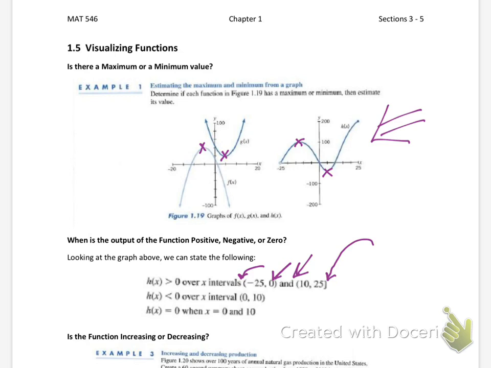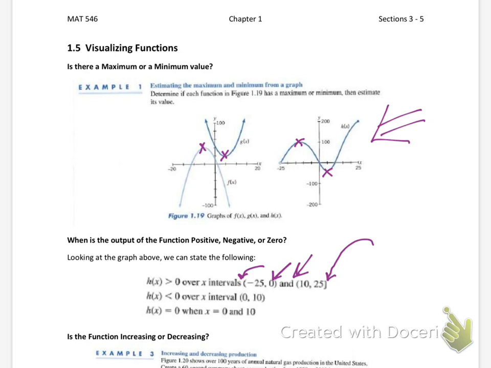Okay, similarly, where is the function less than 0? So it's less than 0, which means that the y values are negative, between 0 and 10, not inclusive. All right? You don't want to include the endpoints because at the endpoints, the function value is 0, which is what the next question answers. So that is important.